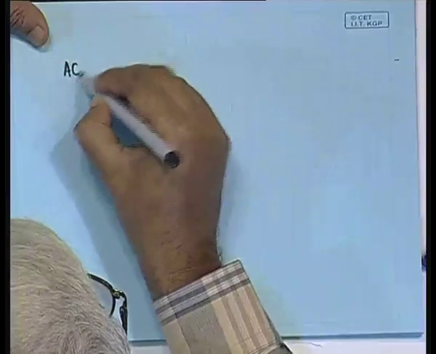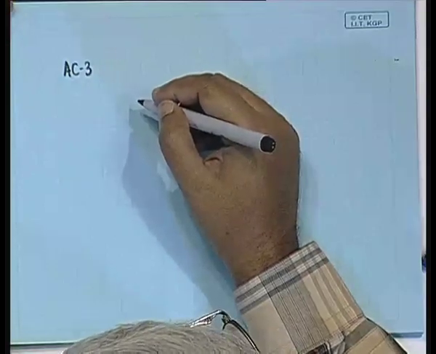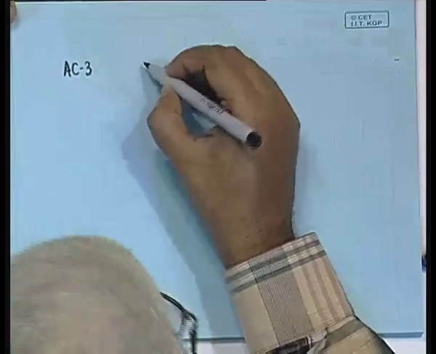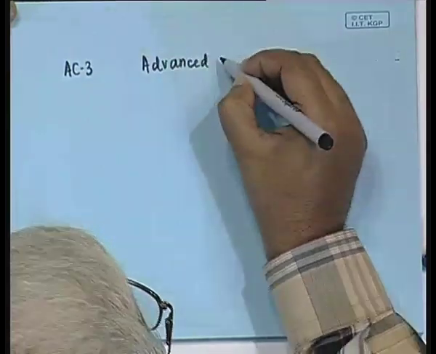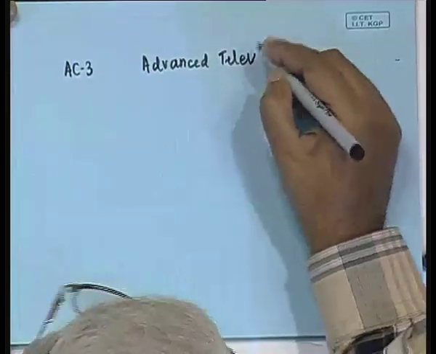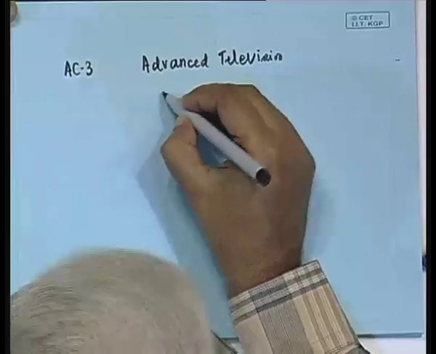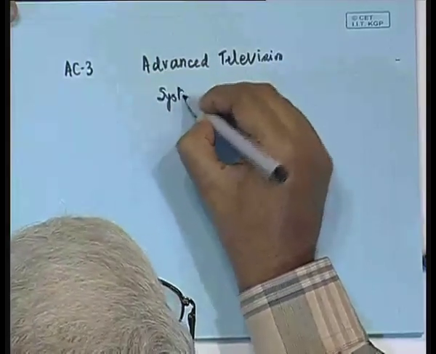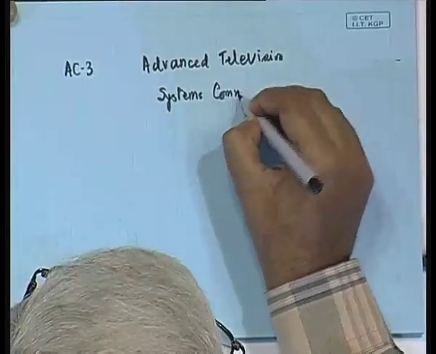Now talking about the AC3, as I had mentioned, it is the coding standard that was proposed by the Advanced Television Systems Committee. In fact, it was developed by Dolby, and the committee is in short form known as the ATSC.